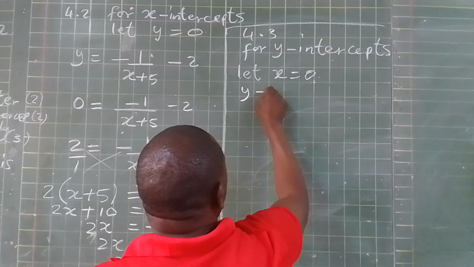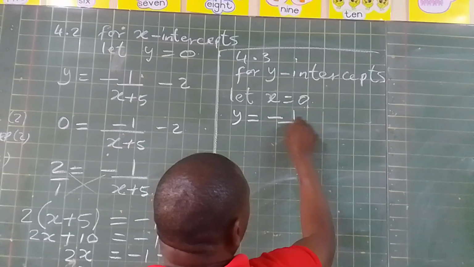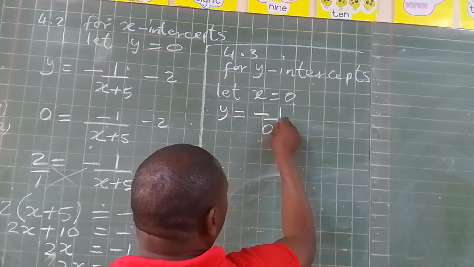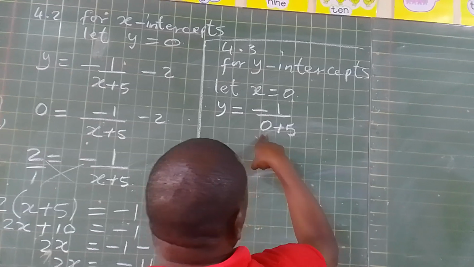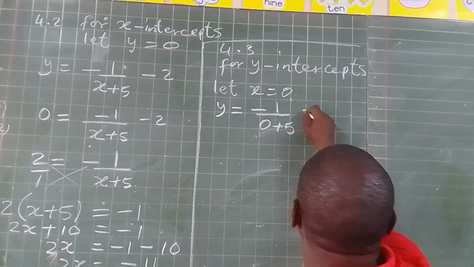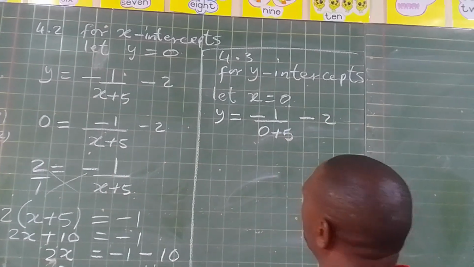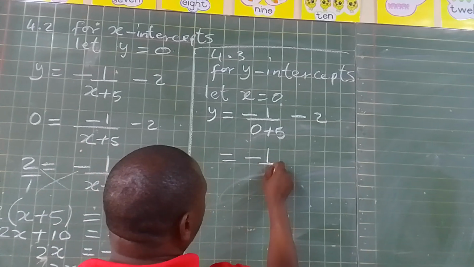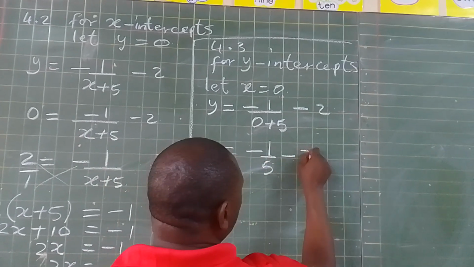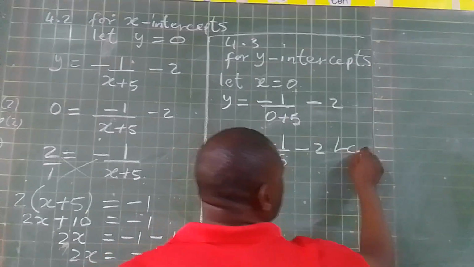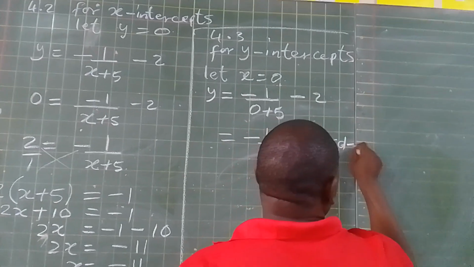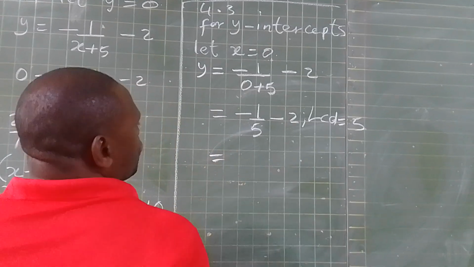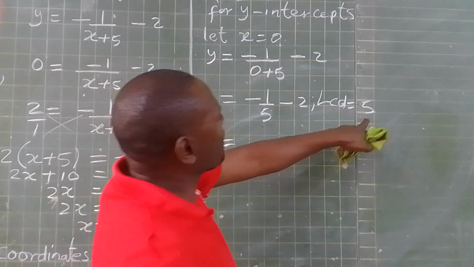Now, y is minus 1 over x plus 5 minus 2. I have put a 0 instead of x. Which is minus 1 over 5 minus 2. And your LCD is 5. 5 goes how many times into 5?